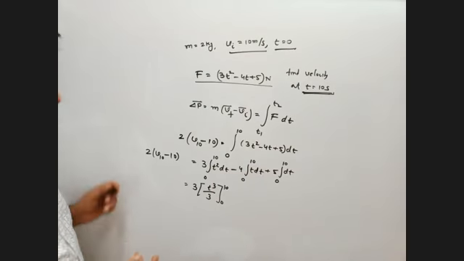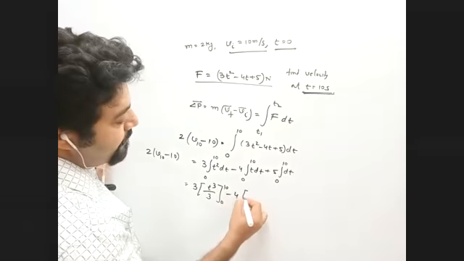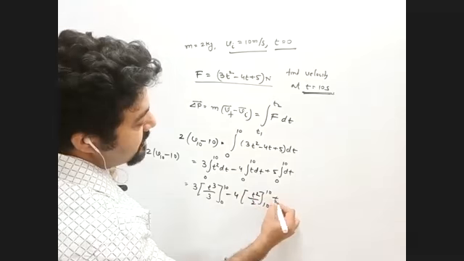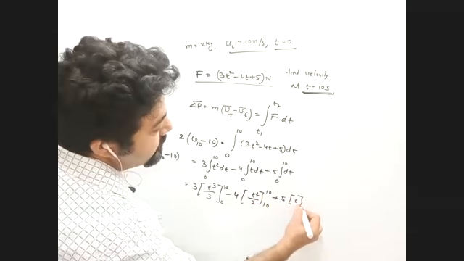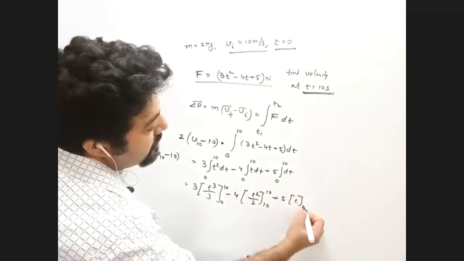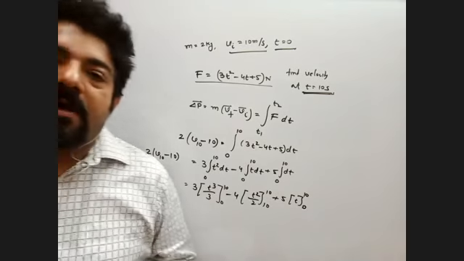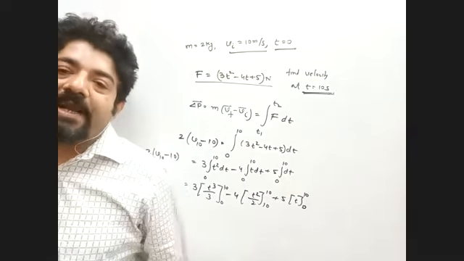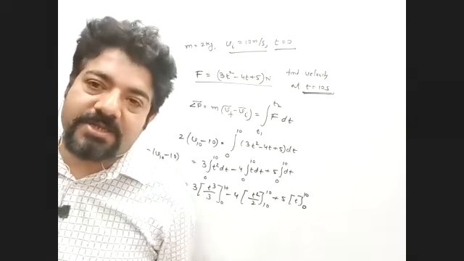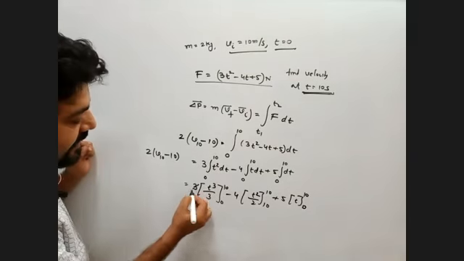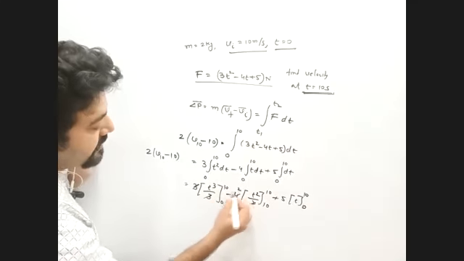So you know very well, 4t square by 2. If you are confused about integration or differentiation, you can see my YouTube video, motion in one dimension, lecture 2 and lecture 3, I think. So from there, you can cancel this 3, you can cancel this 2.